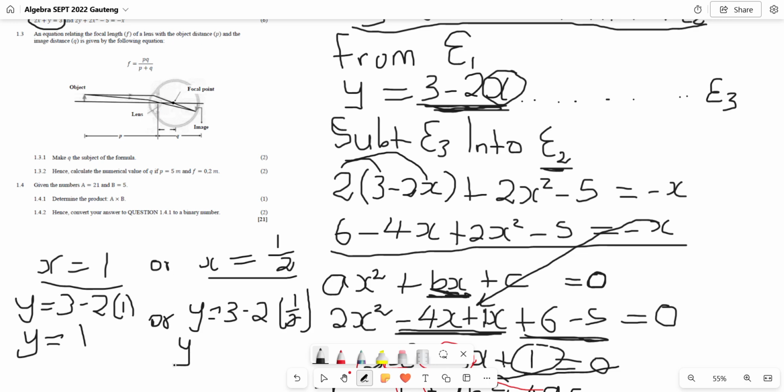Then y is equal to half of 2, it's a 1. 3 minus 1 is positive 2. Then if you are here, you have fully solved for x and y simultaneously. That is about as far as 1.2 is concerned.